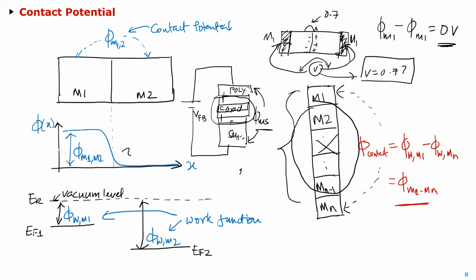Correct. So I think if I understand correctly, if I draw this again, you have poly and you have the oxide, and you have the semiconductor. So if you want to see the effect of this oxide capacitance, you have to first undo this potential, this phi MS, and then you'll see this capacitance after that. Is that what you're saying?